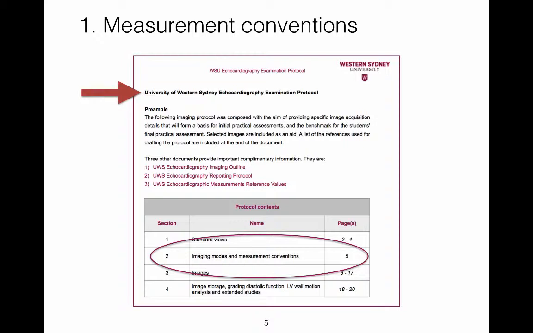Echocardiographic measurement conventions are detailed in Section 2 of the Echocardiography Examination Protocol. Each of the imaging modes, that is 2D, Doppler, etc., have measurement conventions that cardiac sonographers need to observe.